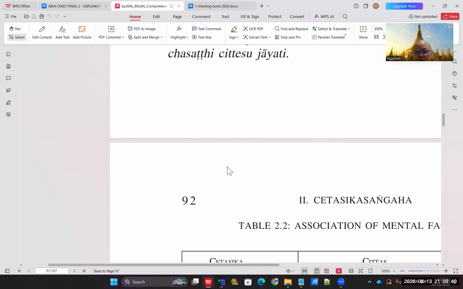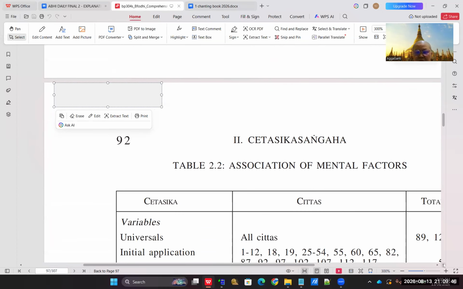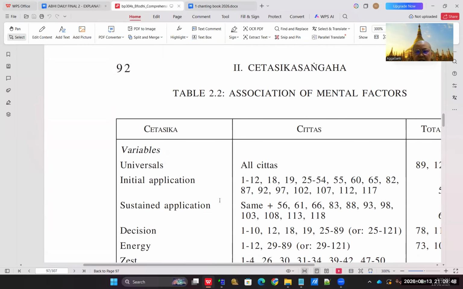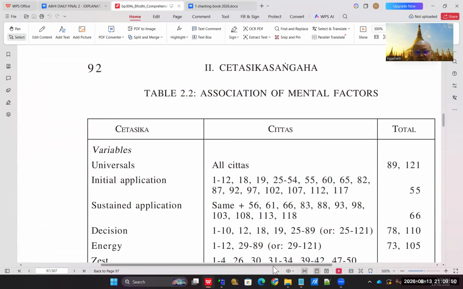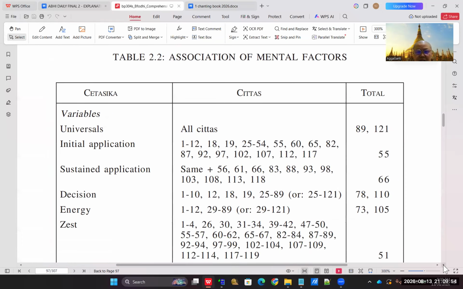So when you see this book, it talks about which Chetasika is associated with which Chitta. You can see here, for example, initial application, Vitakka, can associate with Chitta 1 to 2 and so on.